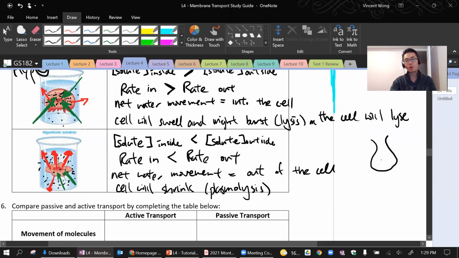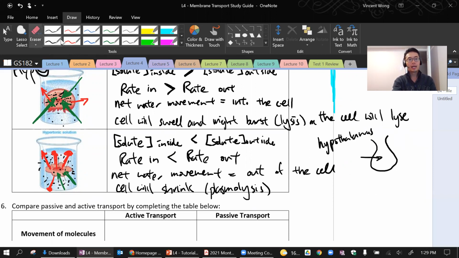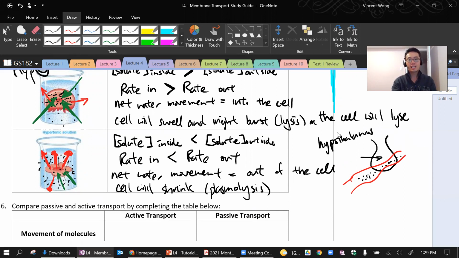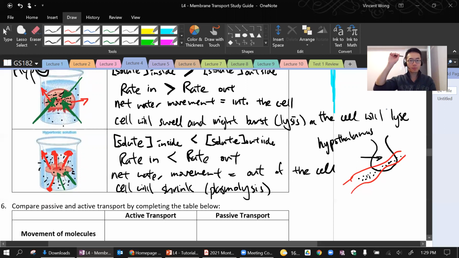I don't know if I talked about this in the lecture, but you have a part of the brain called the hypothalamus. You will learn that next semester, and there are blood streams surrounding it. If you're dehydrated, if you haven't been drinking water, if you're sweating a lot on a hot summer day, then your blood concentration goes up. It will cause the cells in the hypothalamus, deep in your brain, to shrink.